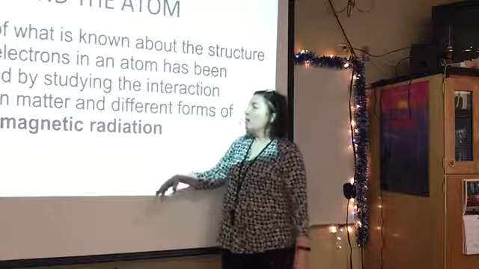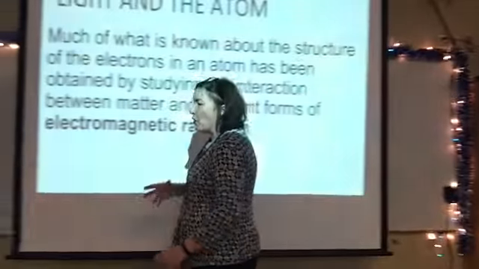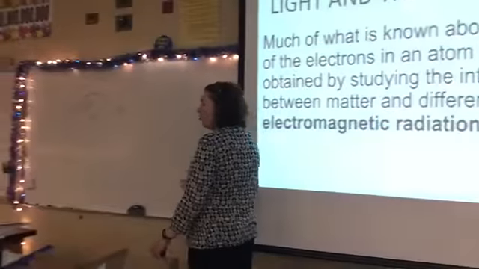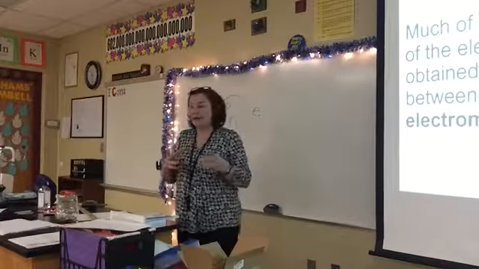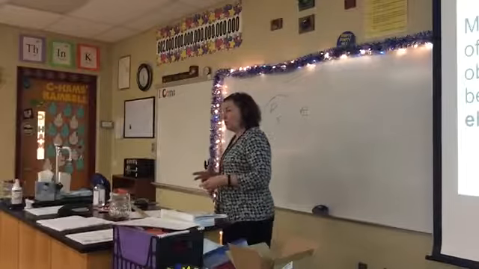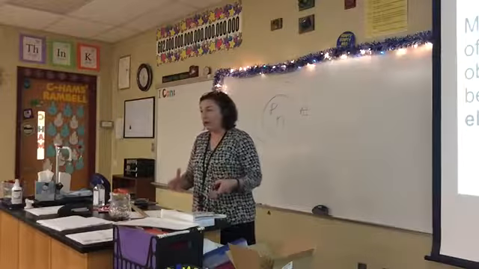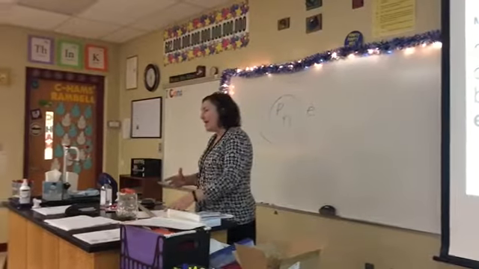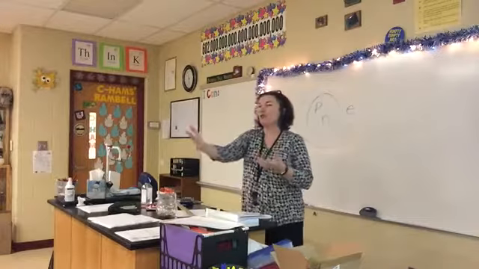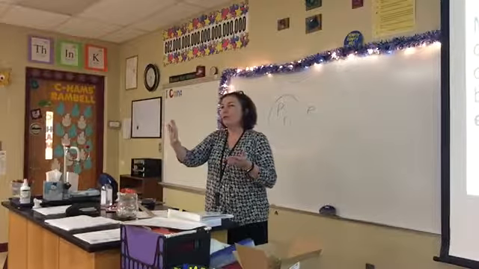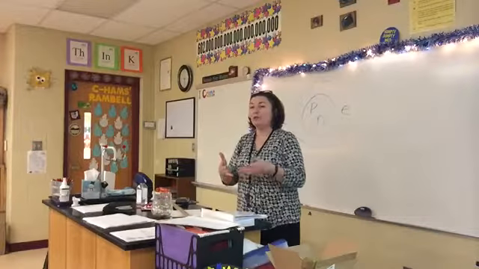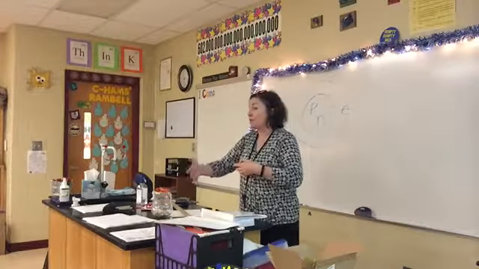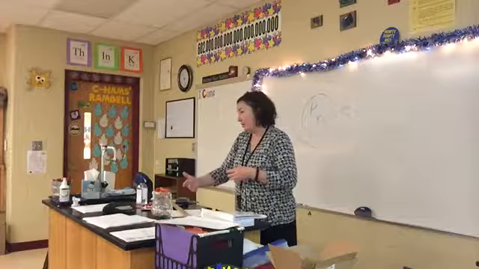Much of what we know about electrons is due to what we know about light. We can't see electrons. We don't know where they are. But what we can see is the effect of electrons, how they interact with matter.